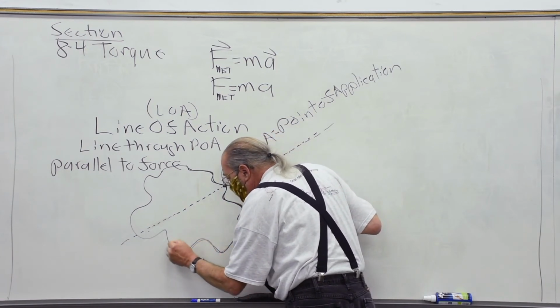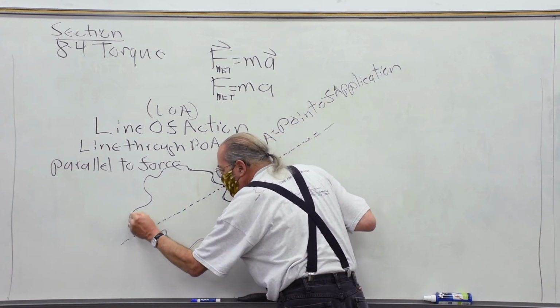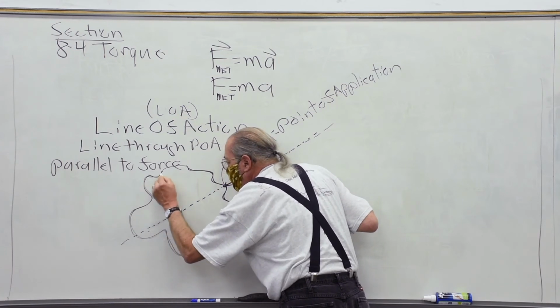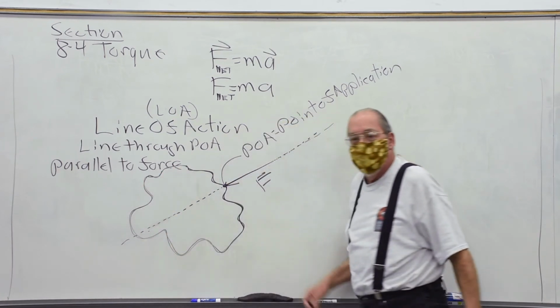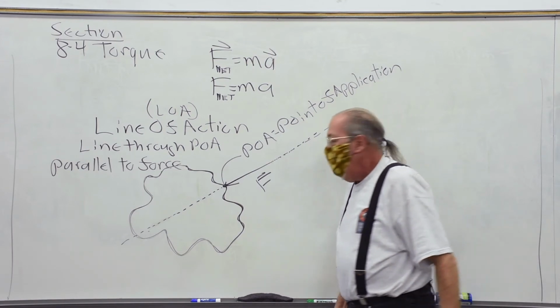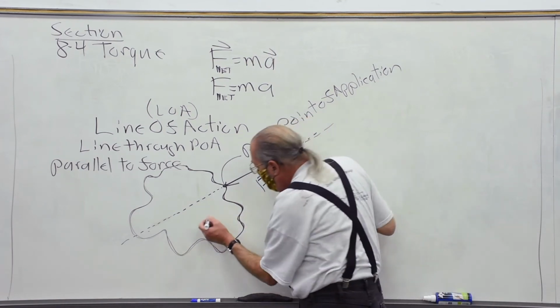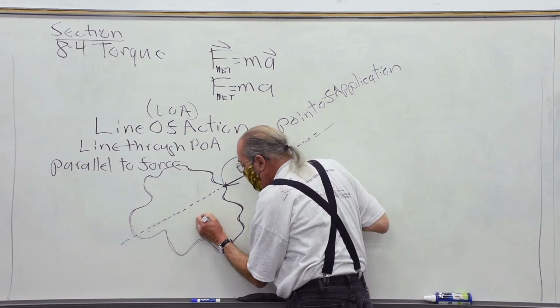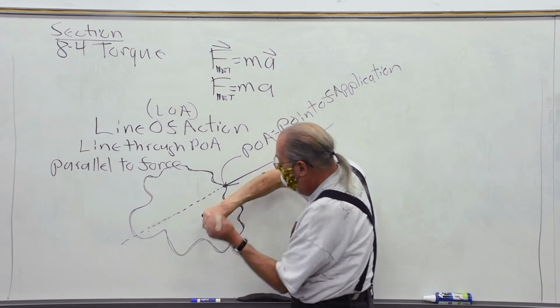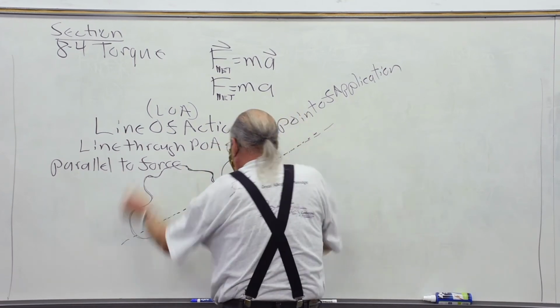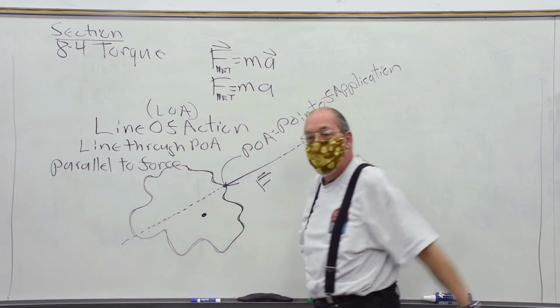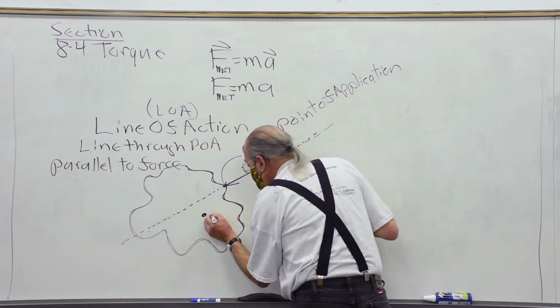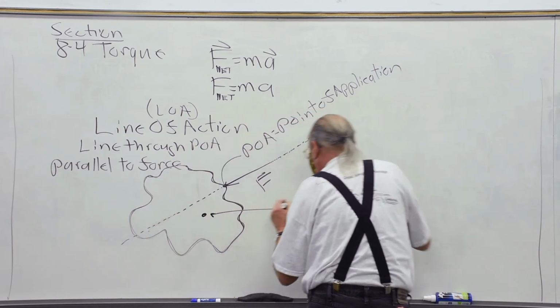We'll start with flat objects that aren't three-dimensional. That's a weird shaped piece of metal. Okay? And I drive a nail into it right here. There's a nail. So it can do this around the nail. That is called the pivot.